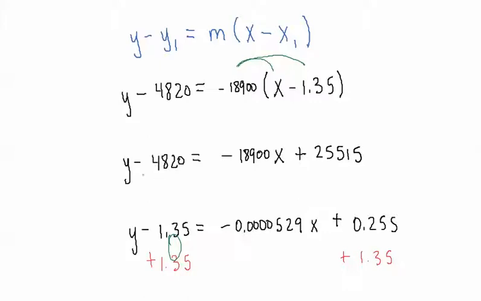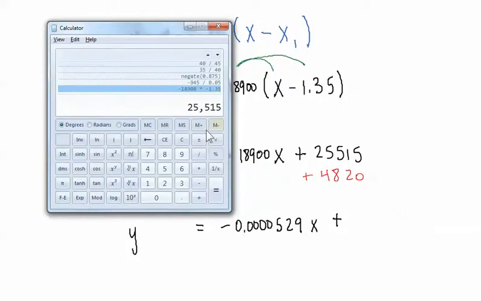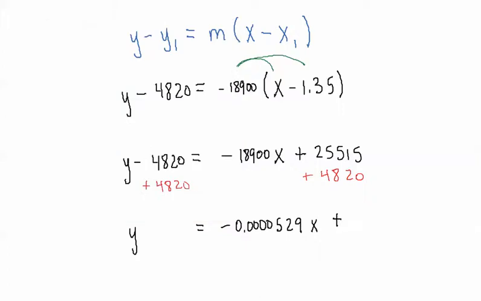So then when we add over the 4820, add it to both sides, I know it's not lined up nicely, but let's just see what we get. $33.35.